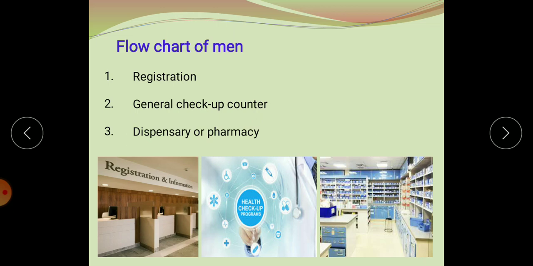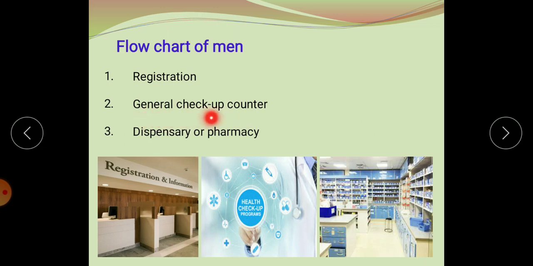Then next comes the general checkup counter. Here all the physiological parameters, like height and weight, are noted by some junior physician, junior medical personnel or nursing staff, or it may be a pharmacist or other healthcare professionals and paramedical staff.